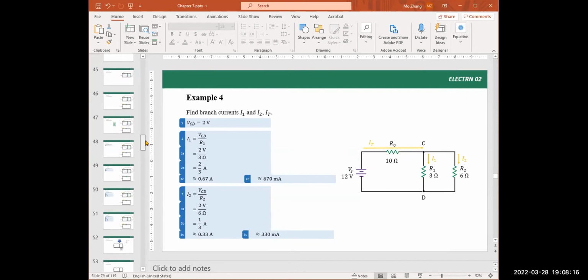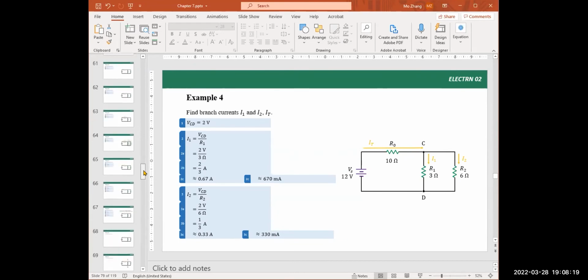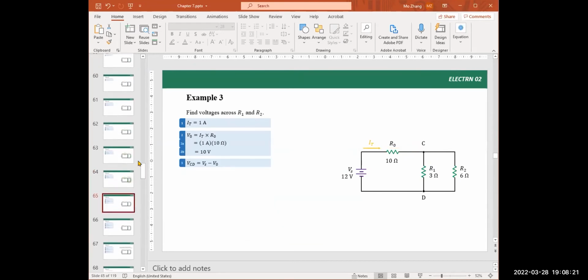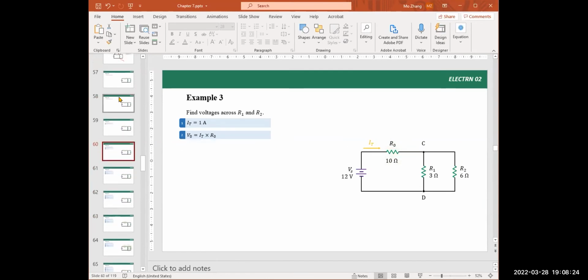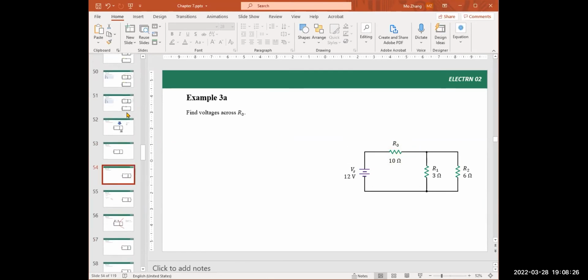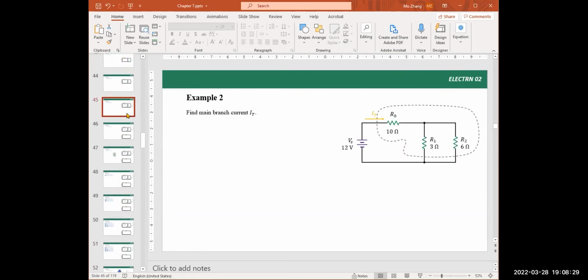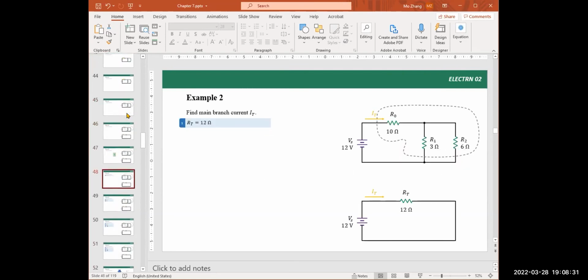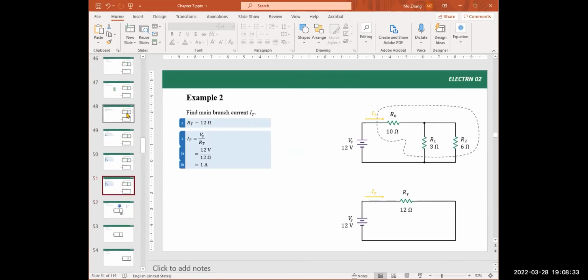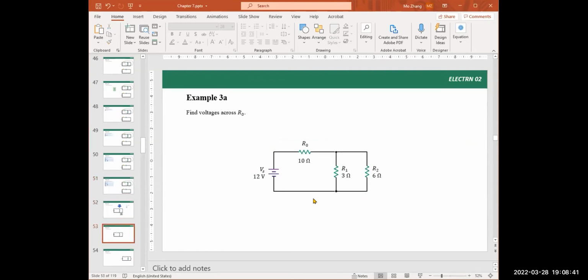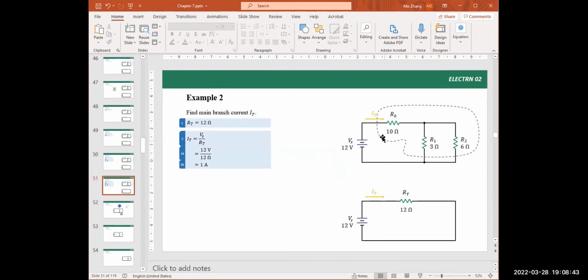Let's go to the preceding slide, example 2. Here, in example 2, we know the current in the main branch, in this branch, equals 1 ampere.